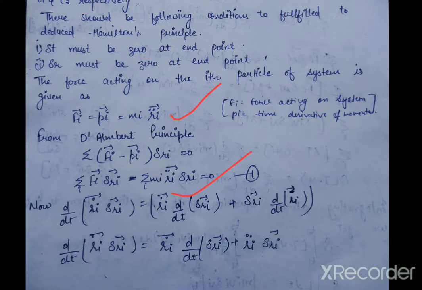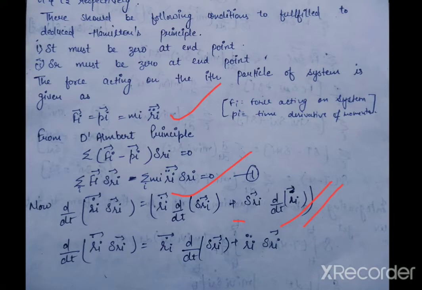Now we consider a term d by dt of (ri dot δri). When we differentiate it, it becomes ri dot d by dt δri plus δri d by dt of ri dot, and this becomes ri double dot.